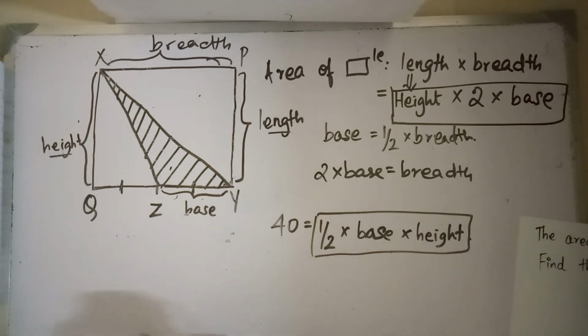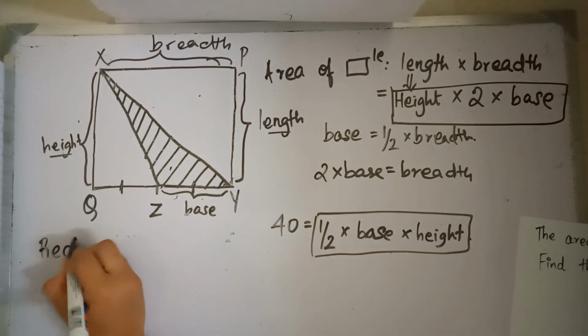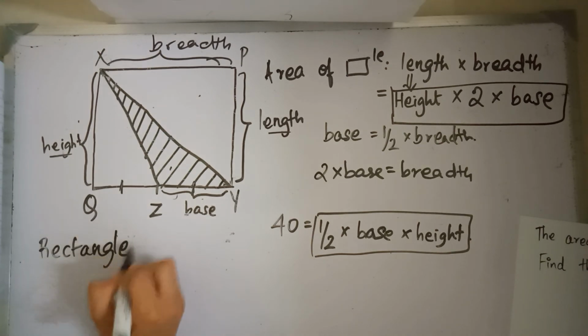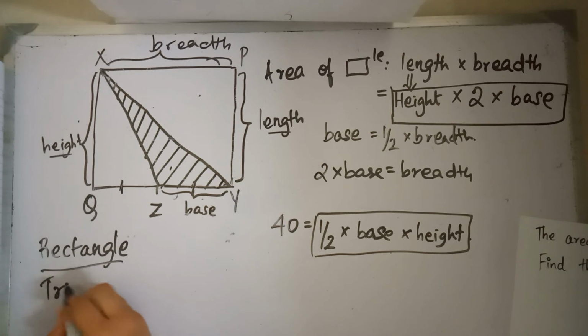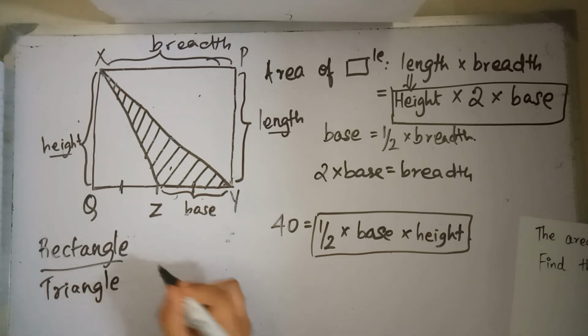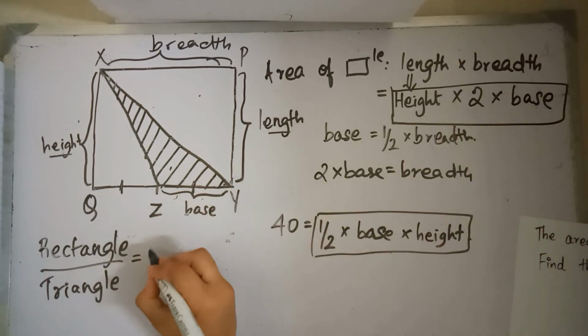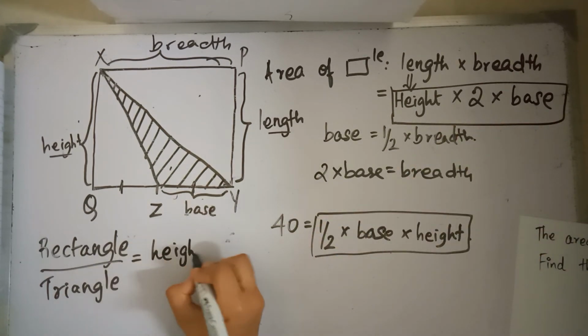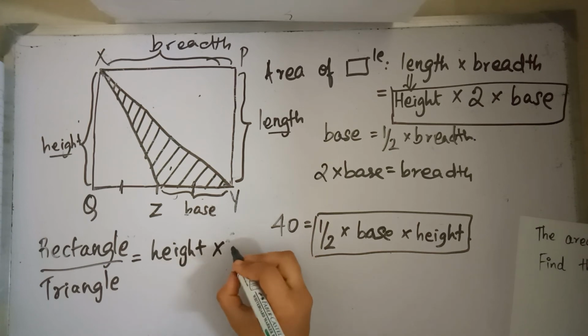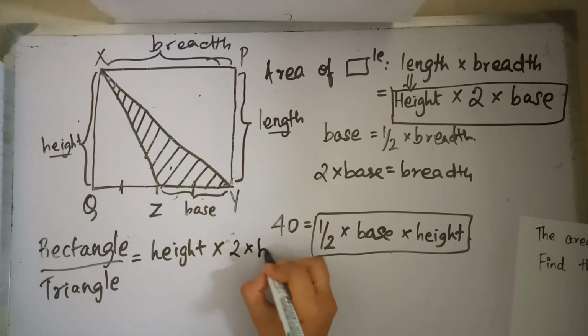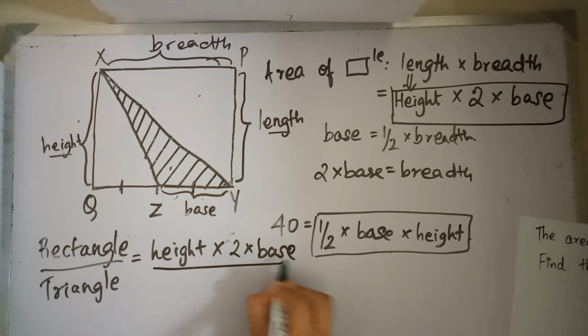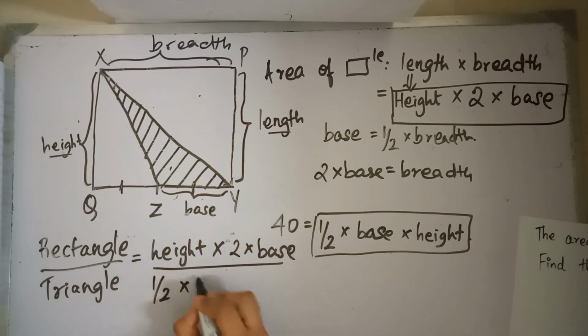Now we can compare both of these. Let's have a relation between rectangle and triangle. Rectangle will be equal to this thing, height into 2 into base, and triangle will be equal to this, half into base into height.